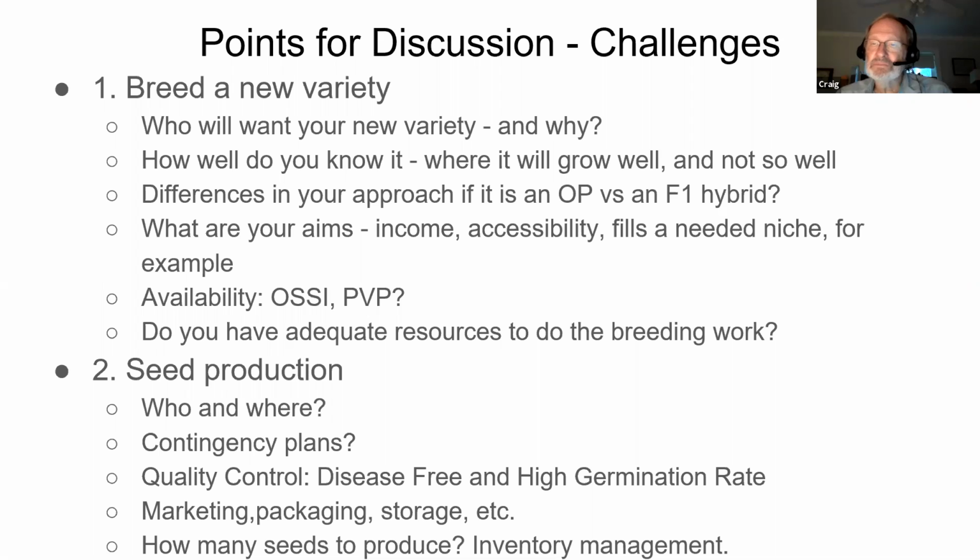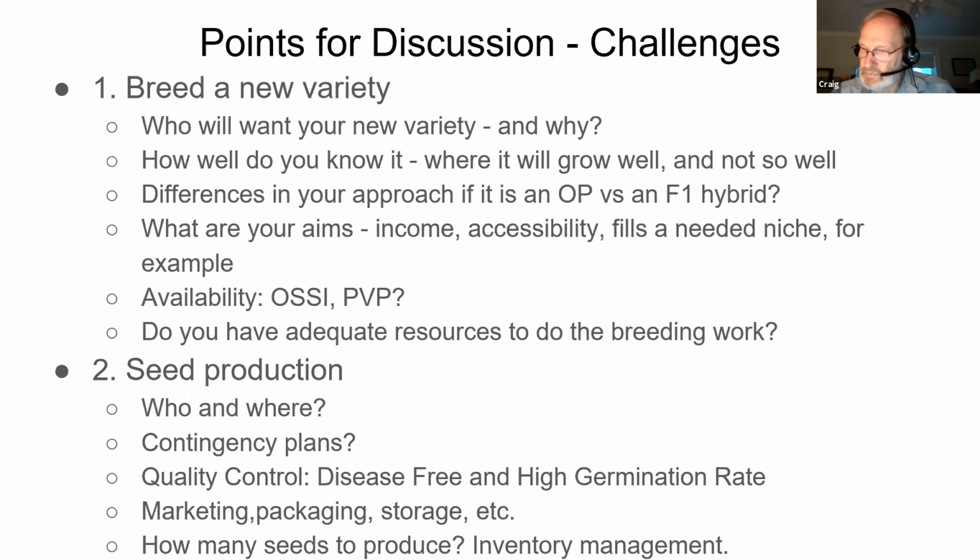This is my own take, but there are a few reasons to breed a hybrid crop over an OP, and there are a few reasons to breed an OP crop over a hybrid. I'll just give my thoughts on that. Generally, there may be some advantages to hybrid crops. They may be more vigorous. They may be more uniform. That's not a blanket statement, but I think it is a trend.